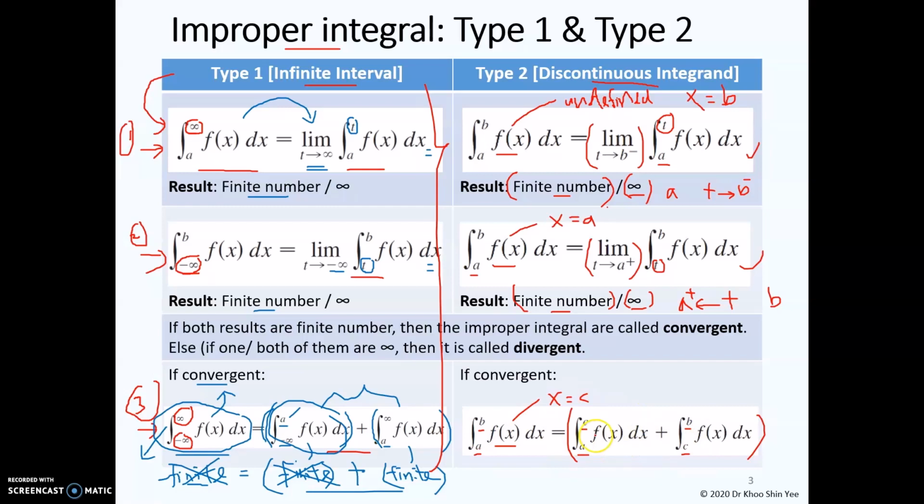If you take the integration for these two and you find that both of them are finite numbers, then you can take the summation of these two finite numbers and obtain the result. So the result will be equal to a finite number also in this case. Therefore, we can say that this integration exists and it is converged. If one of the solutions here or both of them are infinity, then the final solution here will be infinity as well, which is diverged.